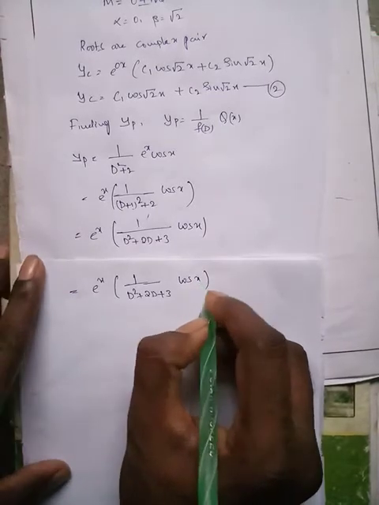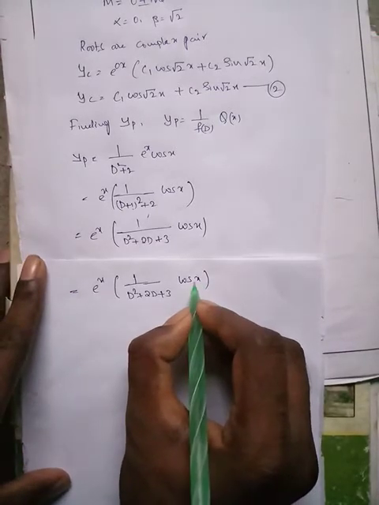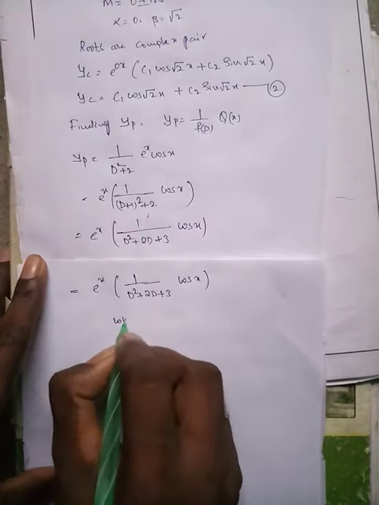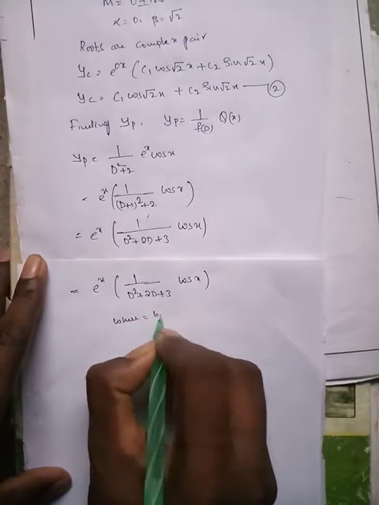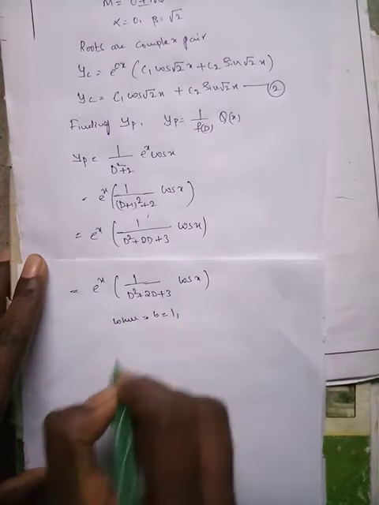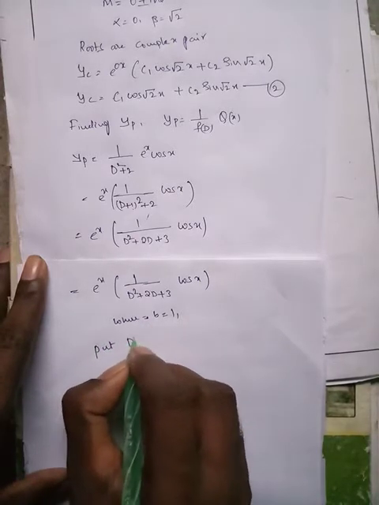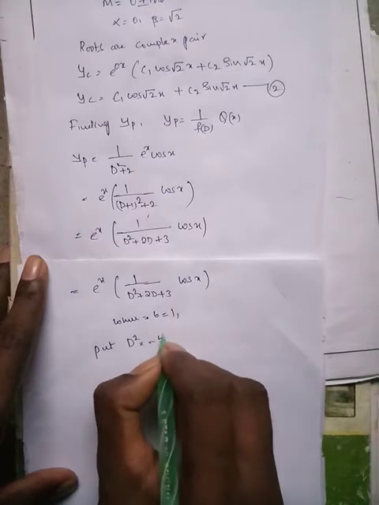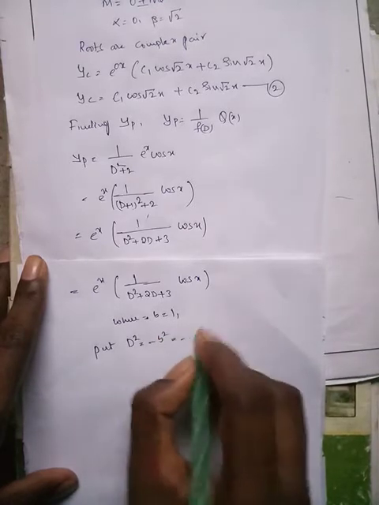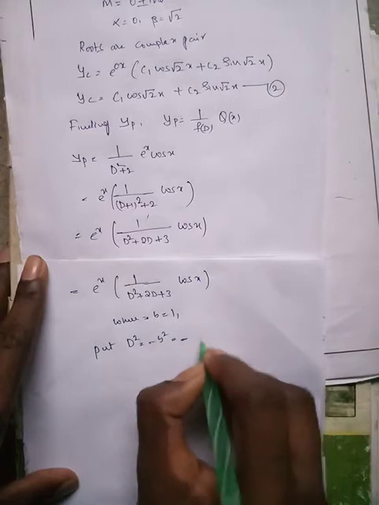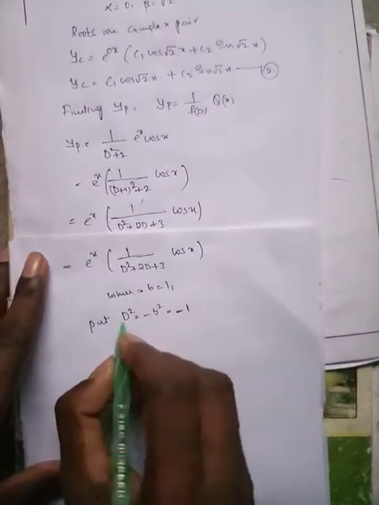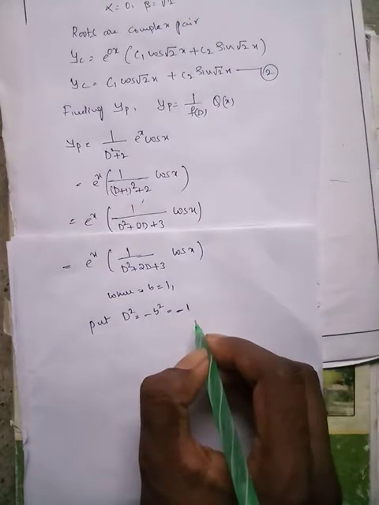In place of b we get 1. So put D square equals minus b square, minus b square means minus 1. Put D square equal to minus 1.